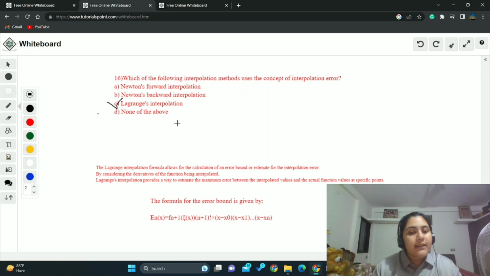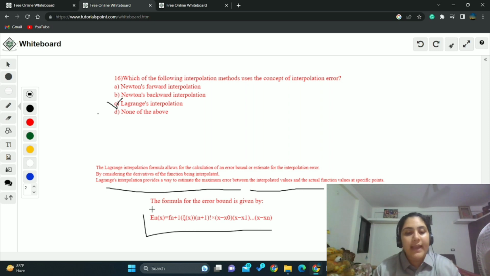By considering a derivative of the function being interpolated, Lagrange provides a way of estimating the maximum error between the interpolated value and the actual function value at a specific point. Here's the formula for the error bound in the Lagrange theorem. So the Lagrange method of interpolation uses the concept of interpolation error.